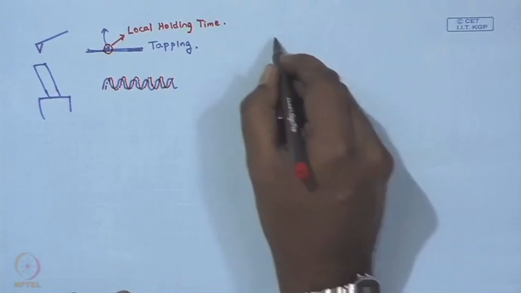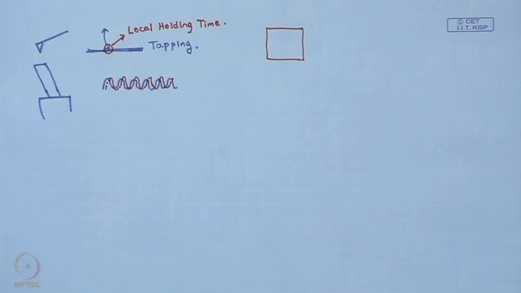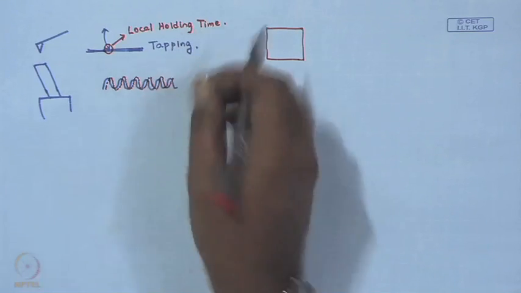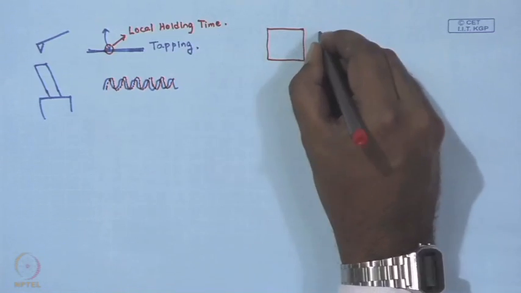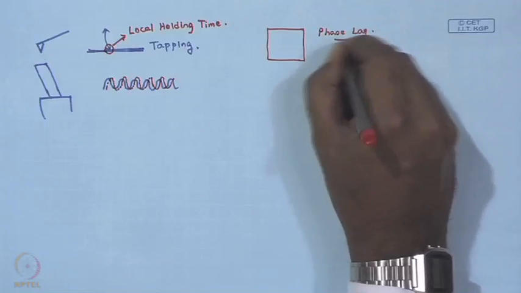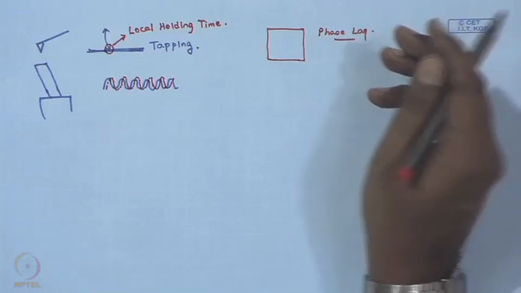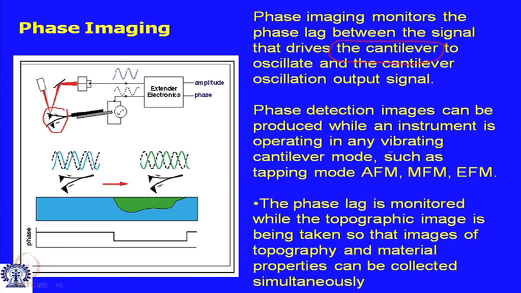Now, if the whole surface is made up of the same material, then what will happen? Of course, whatever is the time delay, it is going to be the same all over the surface, and therefore the phase lag between the input signal and the output signal is going to be uniform all over the surface.